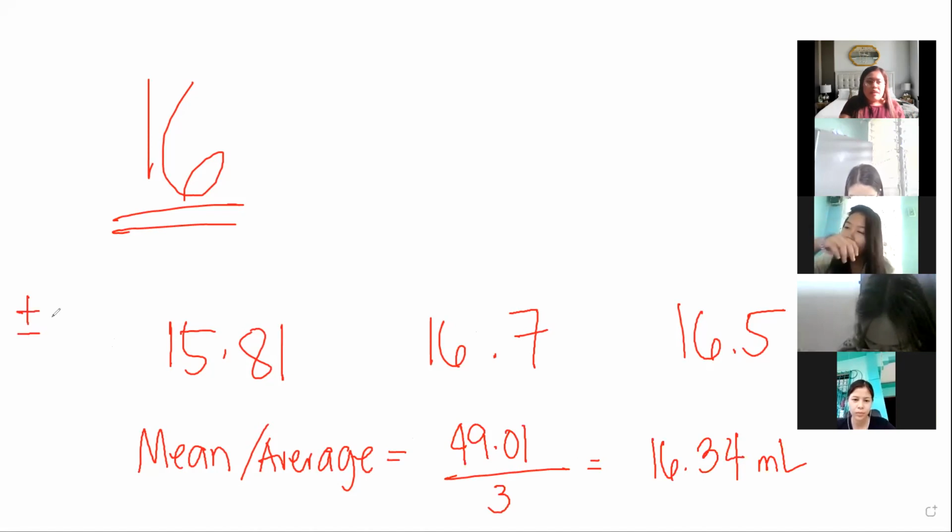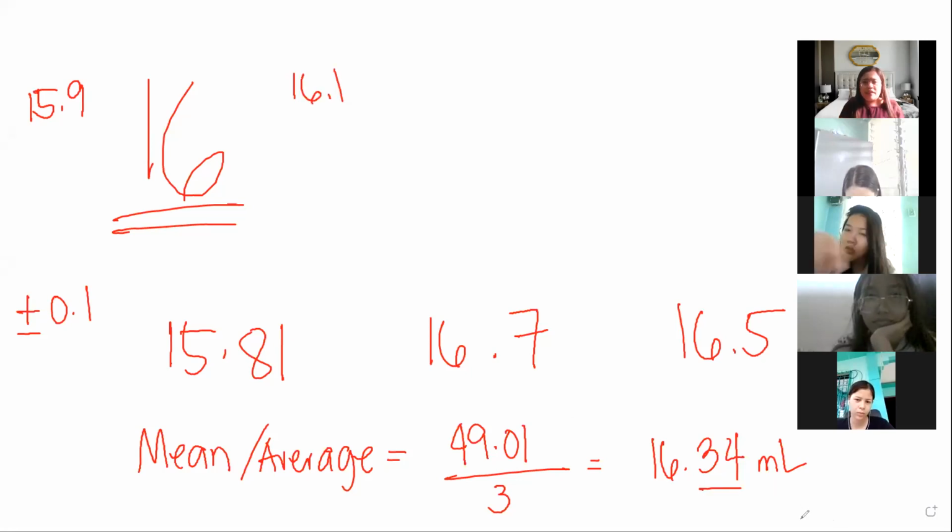Our accepted is plus and minus 0.1. So our accepted good accuracy is 15.9 to 16.1. This is 16.34. Is it still within our range? No more, ma'am. So let us tag this one as not really accurate.